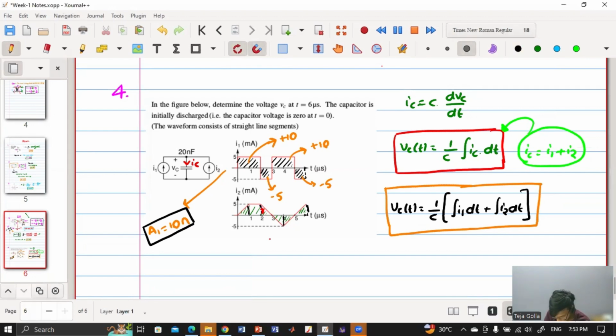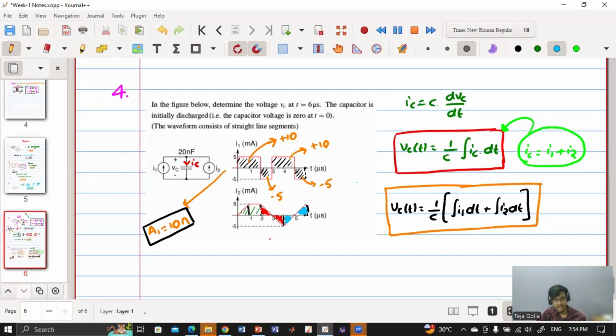So this area and this area are same but have negative sign, right? Agree? Yes, sir. So these two will get cancelled. Similarly, this area and this area will get cancelled because they have same magnitude but different sign.